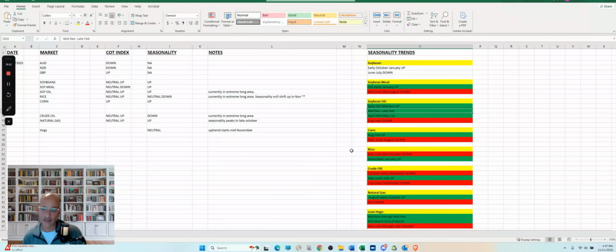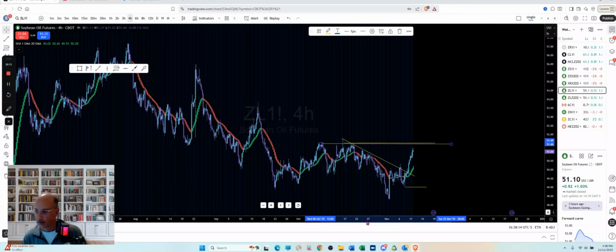And once we get the COT data back, guys, I will make a video and kind of bring us up to speed on all these markets from a COT standpoint, okay? Match it back up with the seasonality and see if we can figure anything out. But we don't have any of that right now, so there's no point talking about COT. We only have price action and seasonality to go by. All right, but again, soybean oil is looking a lot like crude oil and rice. And we'll just see if we get any follow through here.